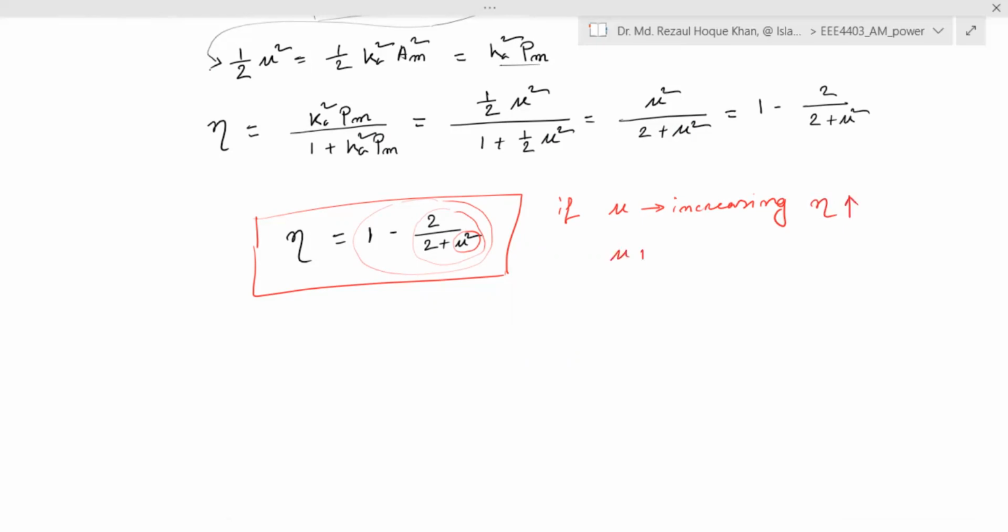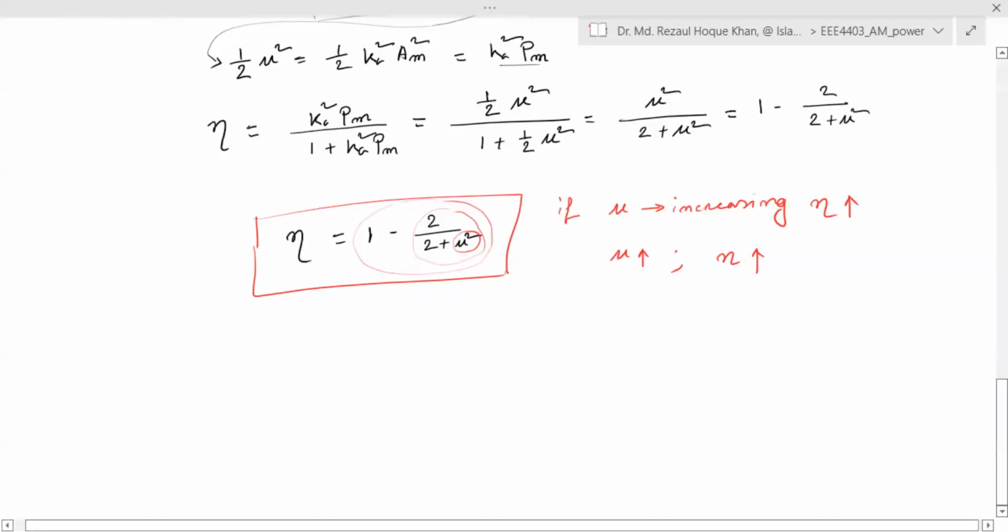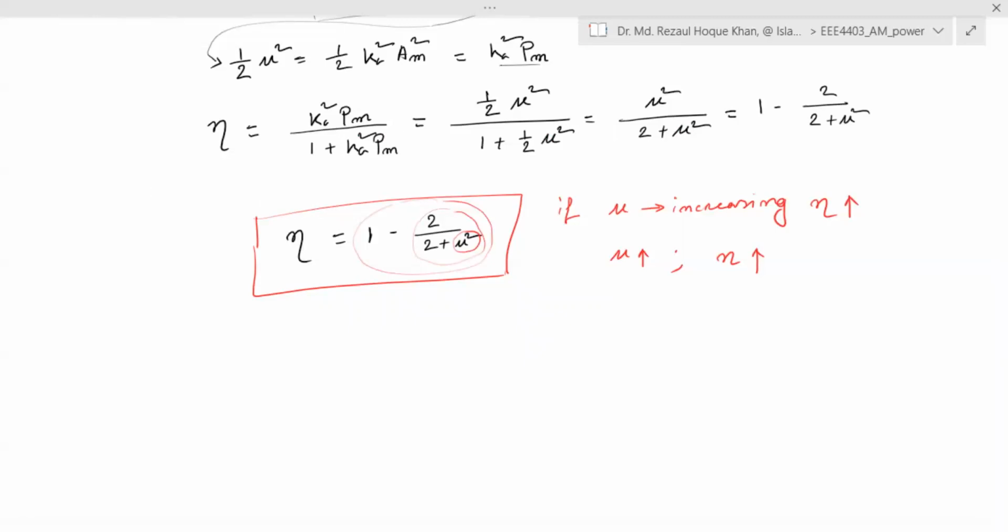That means by increasing the modulation index, you can increase the efficiency.